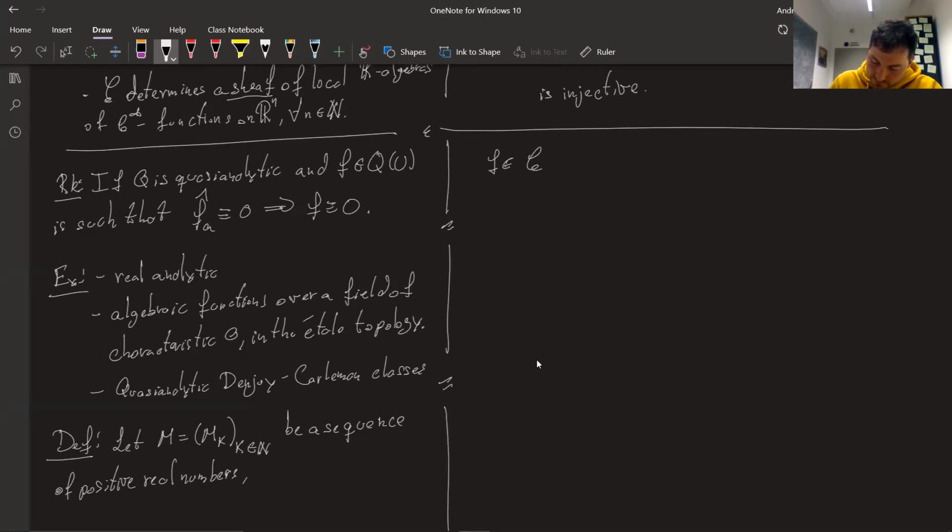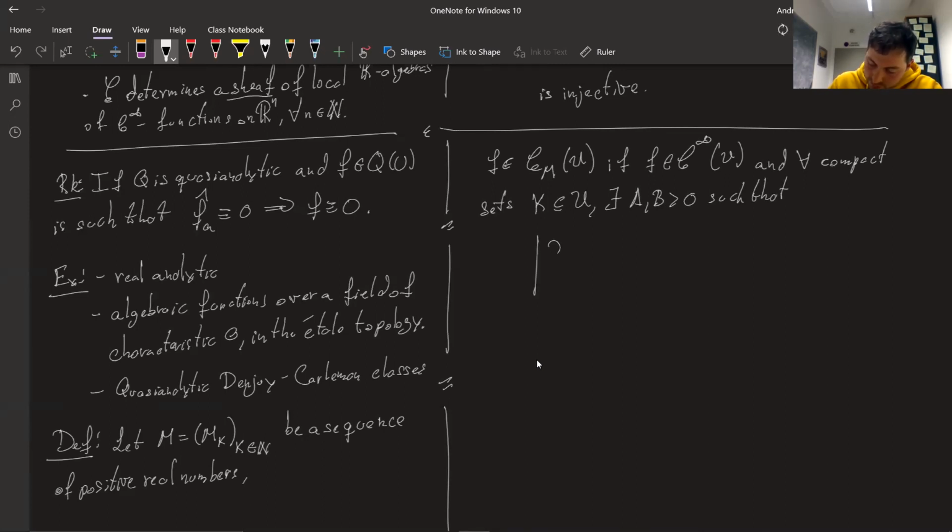We're going to say that f belongs to the class C_M of U if f is a smooth function on U and for every compact set K in U, there exist A and B positive such that any partial derivative of f at a point y is going to be bounded by an exponential expression, for y in this compact set.